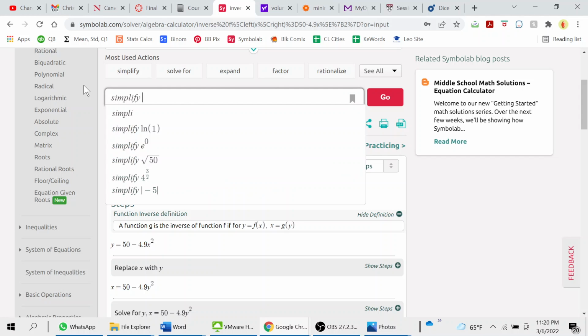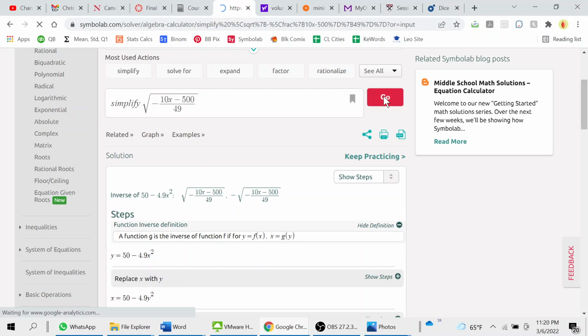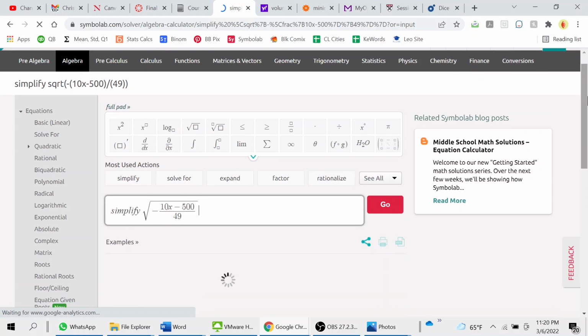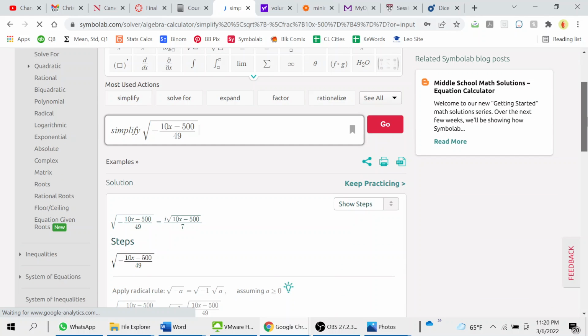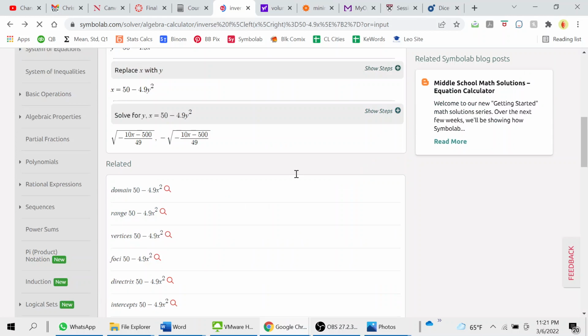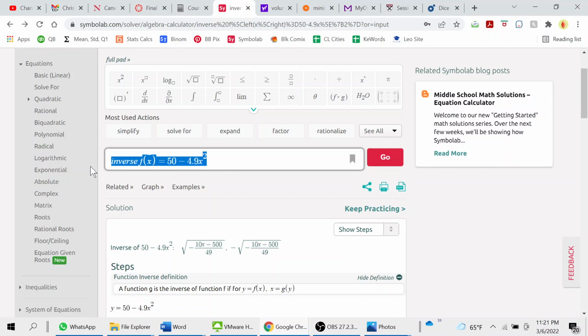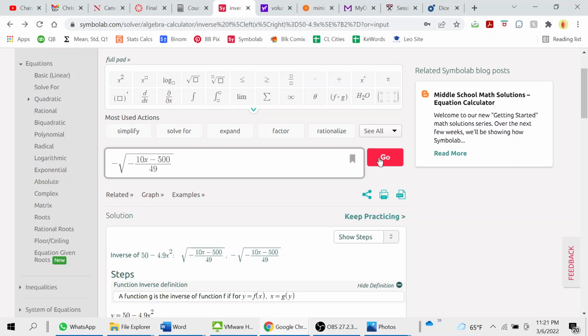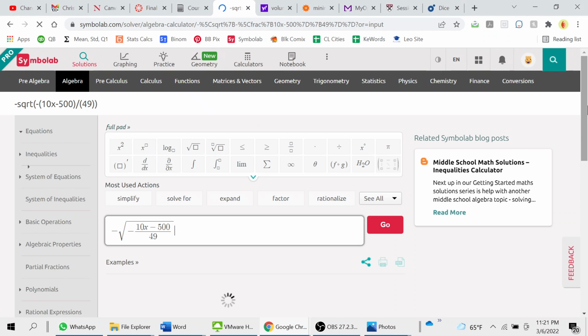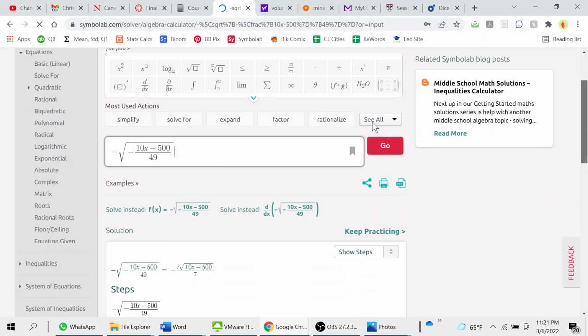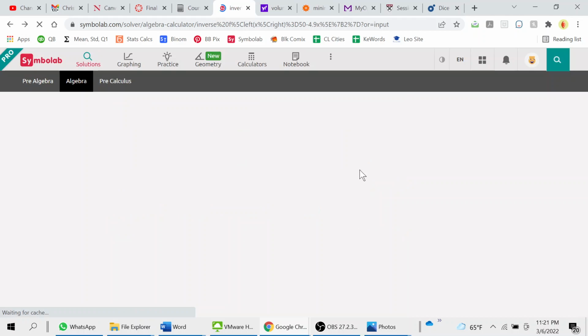Simplify. Okay, that's not right. Interesting. Okay, that's not correct either. Okay, something's wrong here.